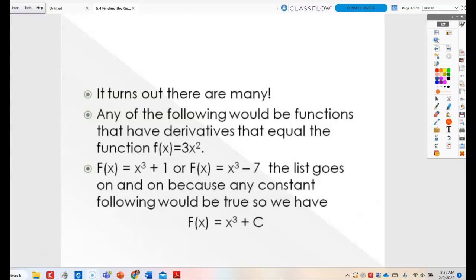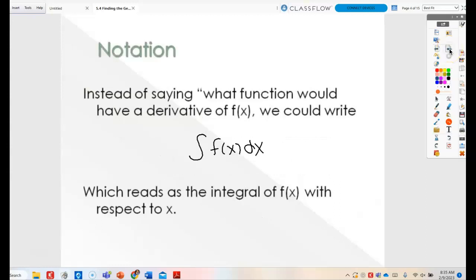So we're going to antiderive today exactly like we know how to antiderive, but instead of plugging in a number for an upper bound and a number for a lower bound, we're going to antiderive and add on a plus c. So instead of saying what function would have a derivative of f of x, we also write this as the integral of f of x dx.